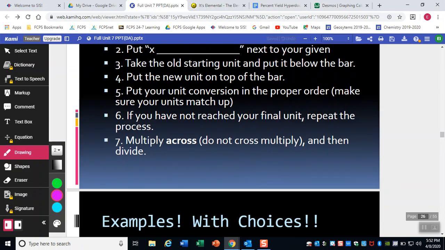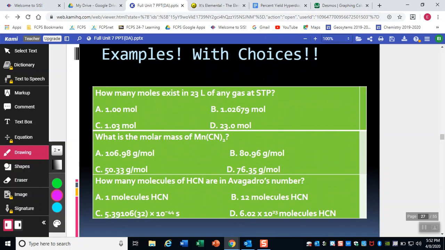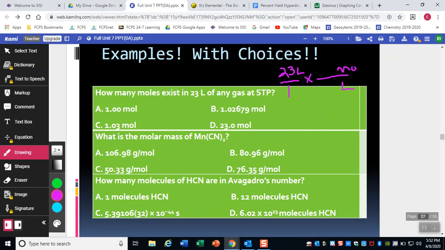Anyway, dimensional analysis. How many moles exist in 23 liters of any gas? Well, if you have 23 liters, you always start with what you're given, over 1 times. Now, if I have liters on top, then liters goes on the bottom. And then moles is what I'm trying to find.